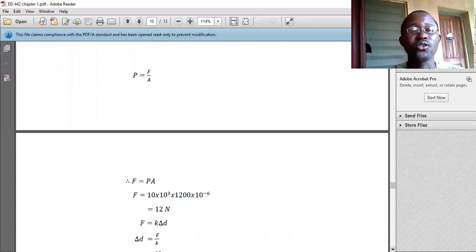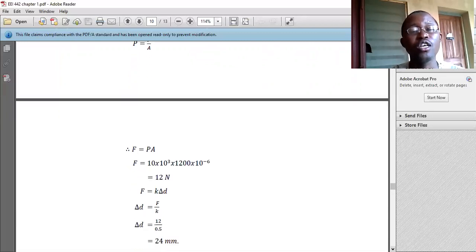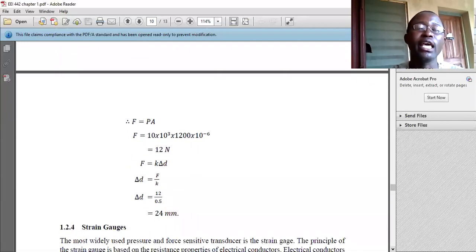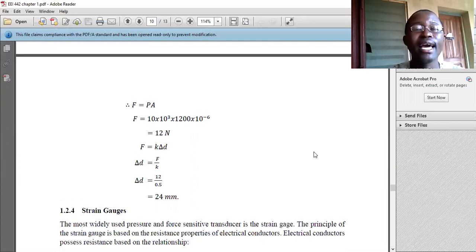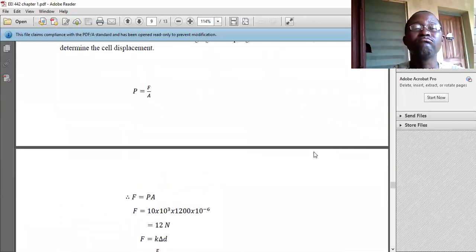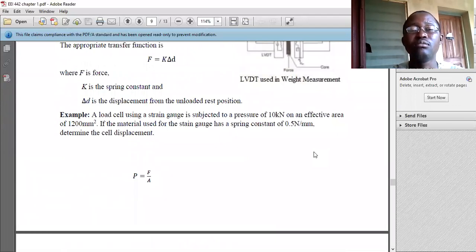The calculation goes thus. Force can be gotten from this formula, P equals F over A. So force, therefore, equals P times A, pressure multiplied by the area. Now, in the question, we are told that the pressure is 10 kilonewton, and that the effective area is 1,200 millimeters squared.